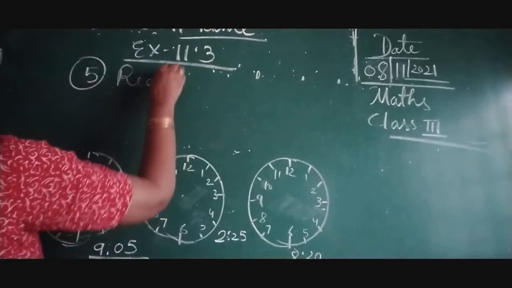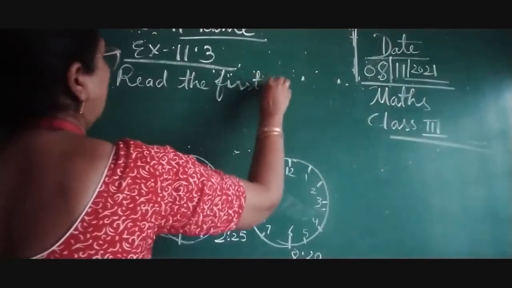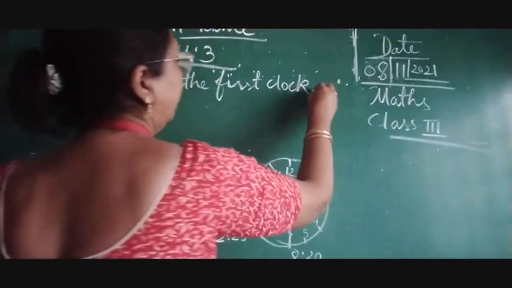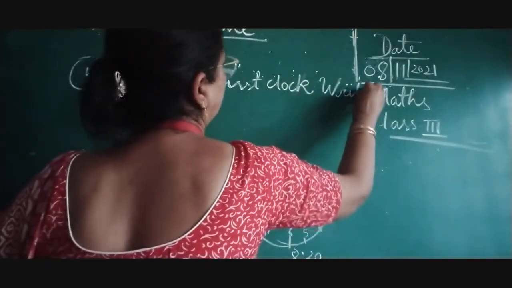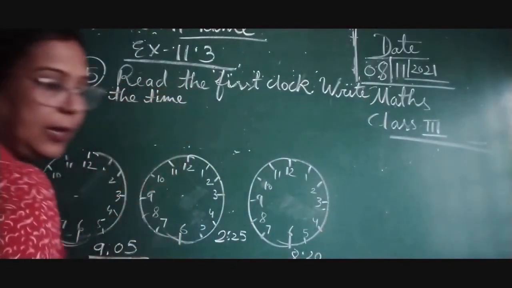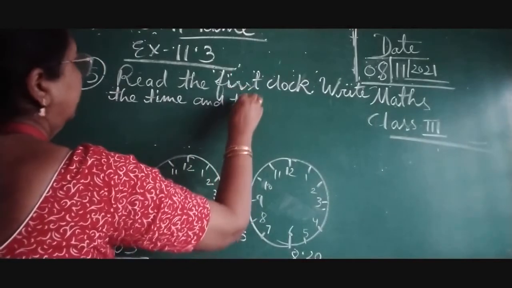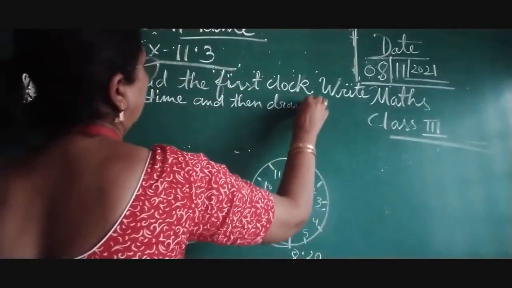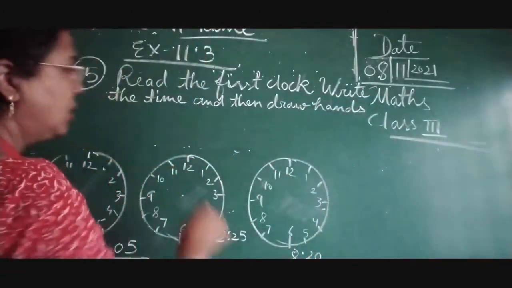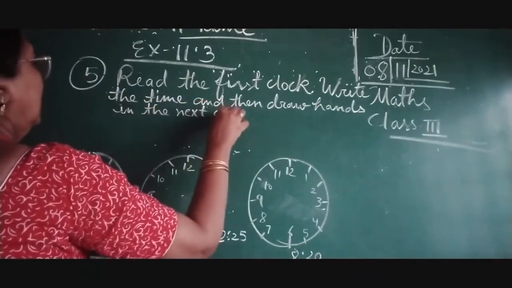Read the first clock, write the time and then draw hands in the next clock. Okay, read the first clock, write the time and then draw hands, and then draw hands in the next clock.